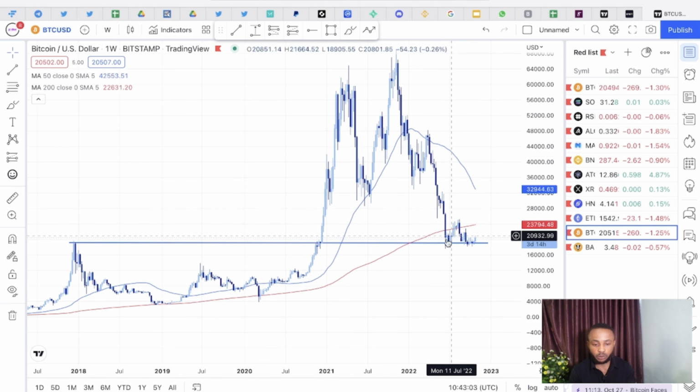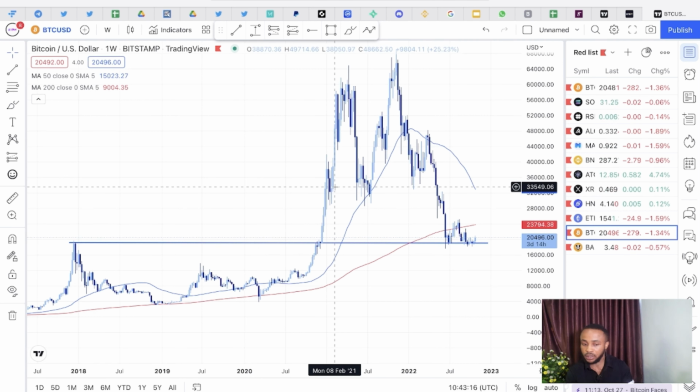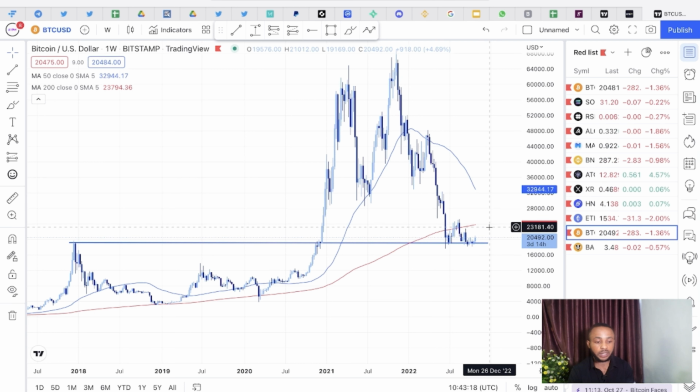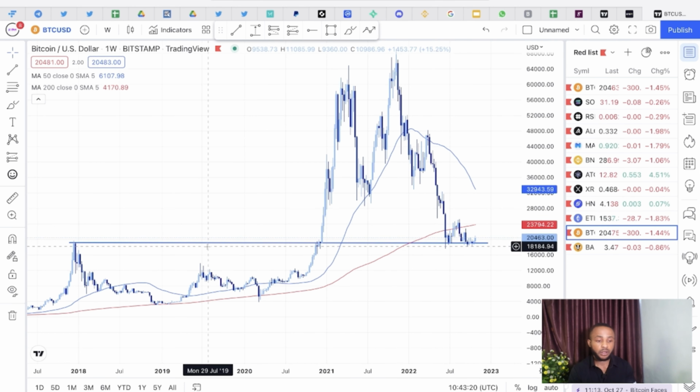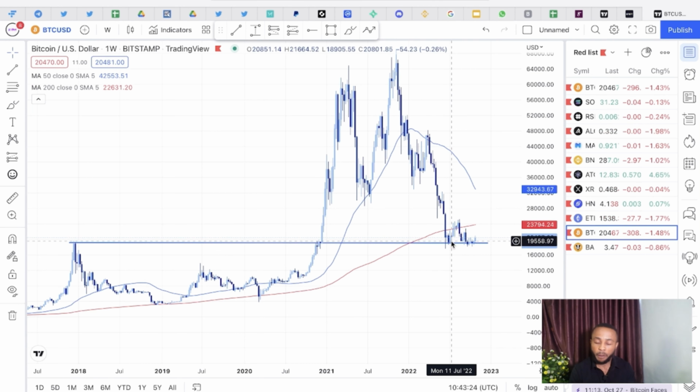As you can see, we came to that high, we tested it, but we didn't go below. We broke it a little, then came back to that same 2017 high, which is around 18 to 20,000, and still didn't break below it. Something about technical analysis is that the more price continues to test a support area, the more likely it is to break down.